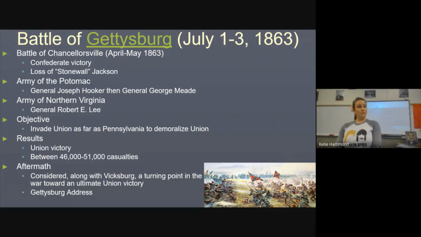The reason why this is important is now the Anaconda Plan is complete. It started with the Battle of New Orleans in 1862, and on July 4th, 1863, the entire Mississippi River is controlled by the Union, and thus the Confederacy is split in half. Okay, that's why it's the turning point.